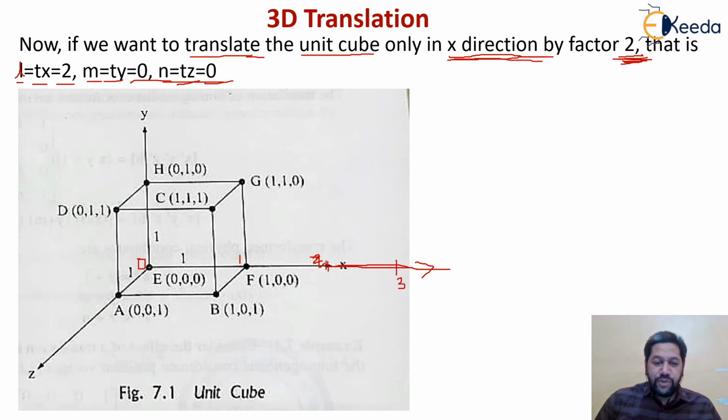So I'm just extending the scale here: this is 0, this is 1, this is 2, and this may be 3 somewhere here.